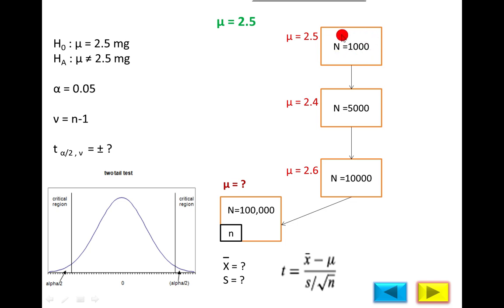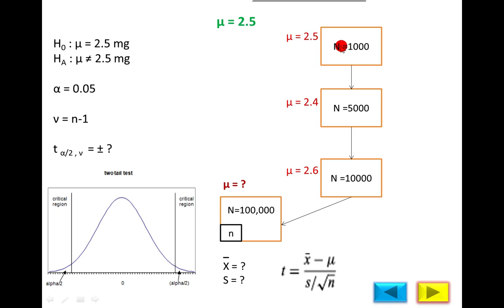the weight of all the tablets, and suppose the weights of all 1000 tablets range from 2.3 to 2.7, and then you add all the weights of the 1000 tablets and divide by 1000 for the average weight, and suppose the average weight is 2.5 milligram, the same as the standard weight.